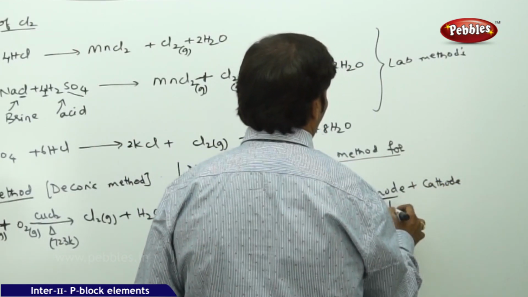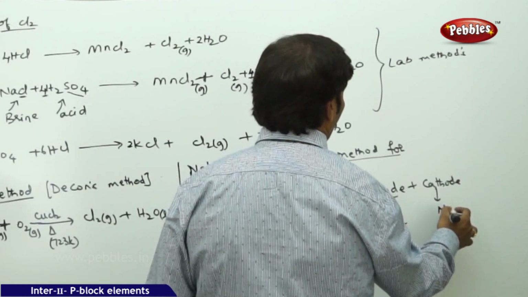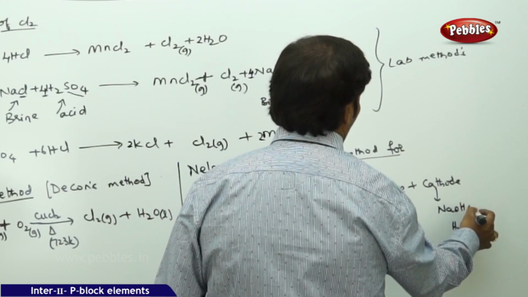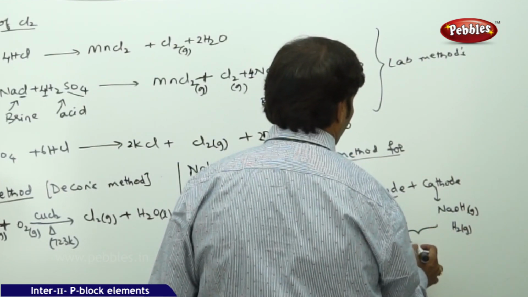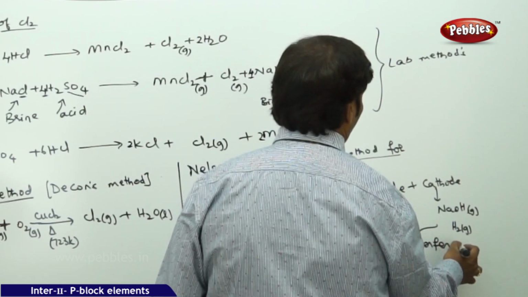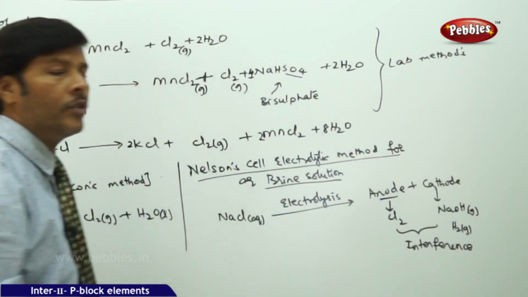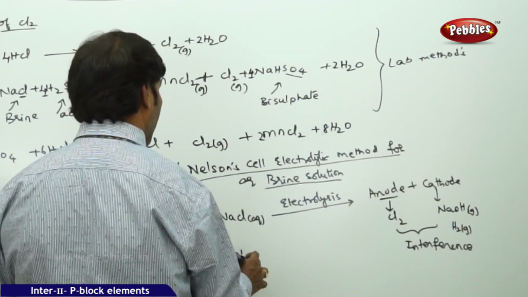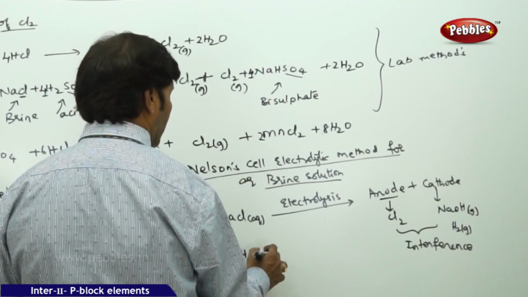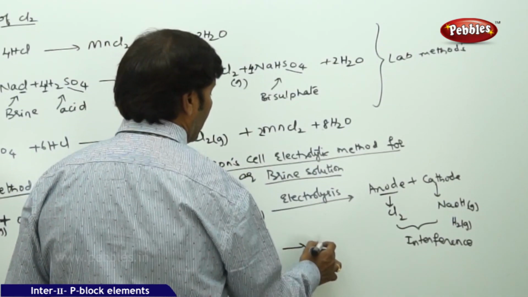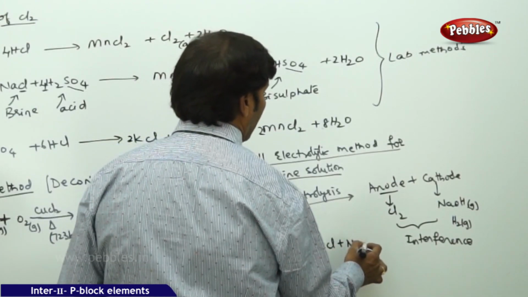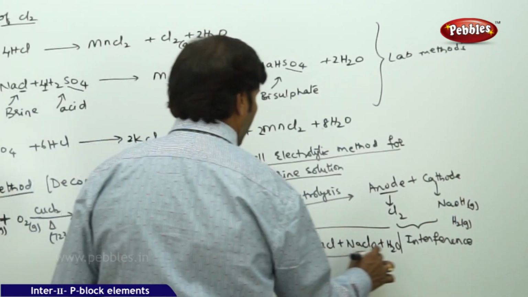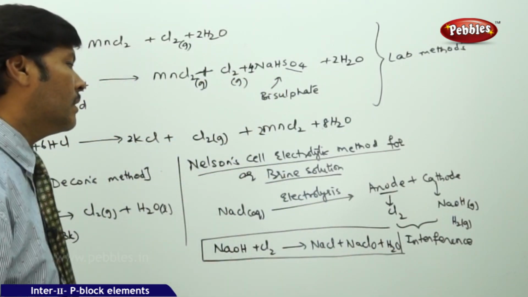At the anode you have the chlorine gas, and at the cathode you have NaOH and H2 gas. So there is an interference between the chlorine gas and NaOH, so an unwanted reaction takes place. The NaOH obtained at the cathode during the Nelson cell process can give you NaCl plus NaClO plus H2O. This is the interference reaction taking place in the Nelson cell method.